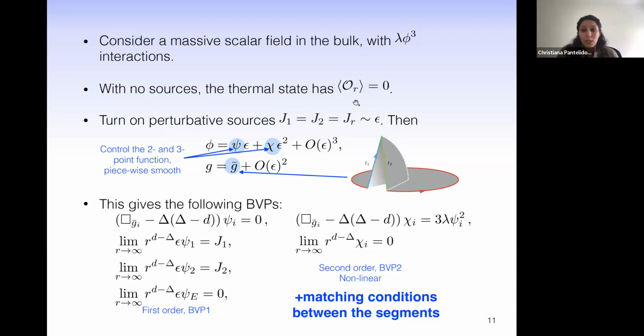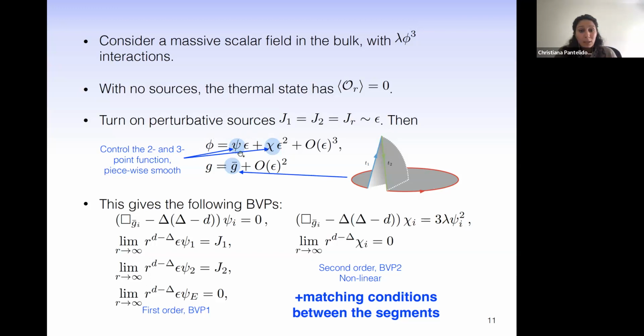When I do that, the existence of these perturbative sources will back react on my scalar field, which will now become non-trivial at order epsilon. And I denote that non-trivial behavior at order epsilon as psi.